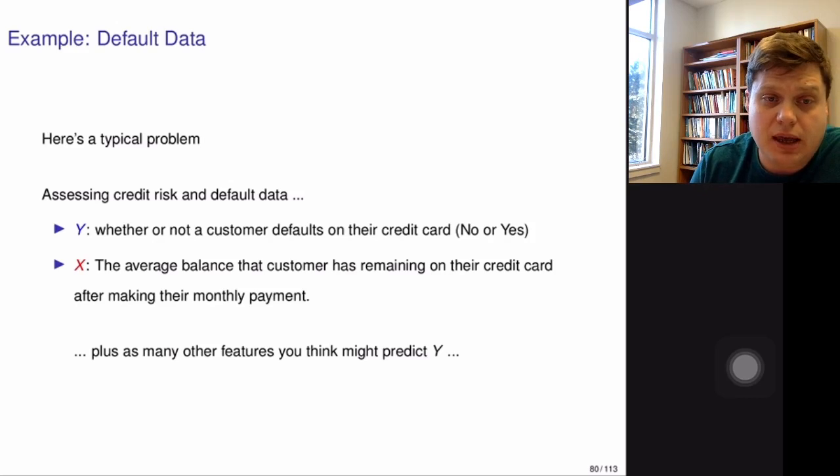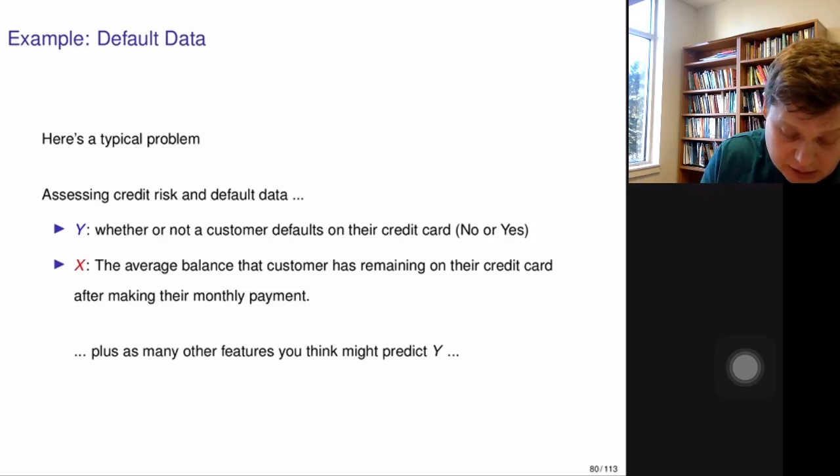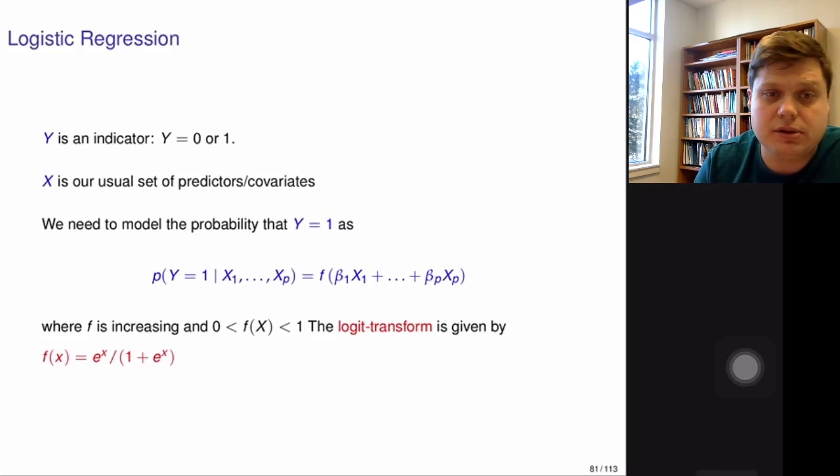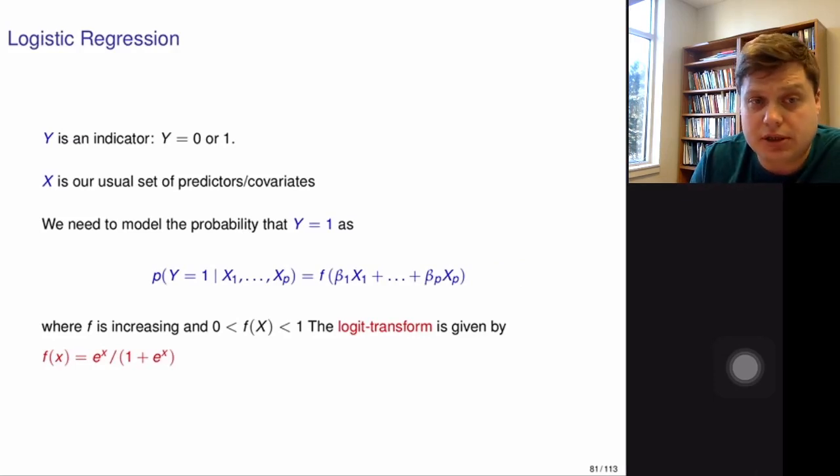Okay. And of course, x can be a much longer vector of observations about the customer, but just for the sake of the demonstration, we're going to use this simple characteristic. Now we're going to use logistic regression. Logistic regression solves this classification problem, y is 0, 1. We're going to do the binary example here.